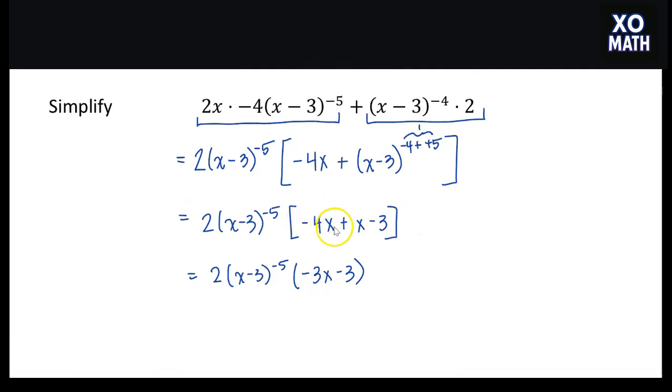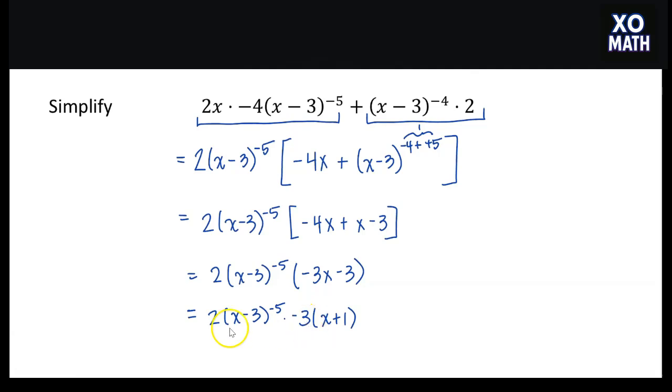I turn them back into parentheses. Brackets and parentheses are interchangeable. And now I can recognize there's a common factor within these two terms here. There's a negative 3 in common that I can factor out. So I have 2 times the quantity x minus 3 to the negative 5th times this negative 3. And then what I'm going to have left over is an x plus 1.